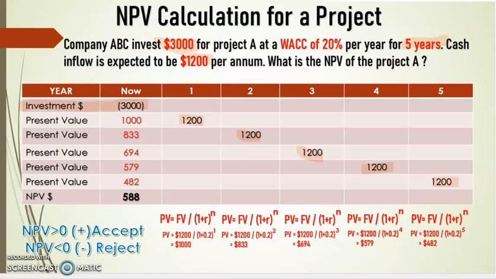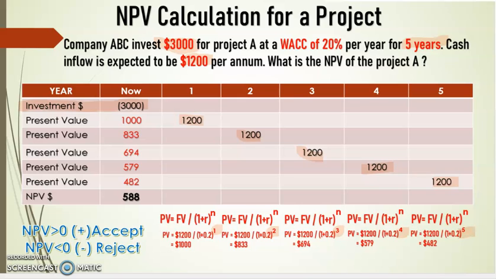Present value is equal to future value divided by 1 plus r to the power n. For each year the figures will be the same, but only the power will be different: first year, second year, third year, fourth year, fifth year.